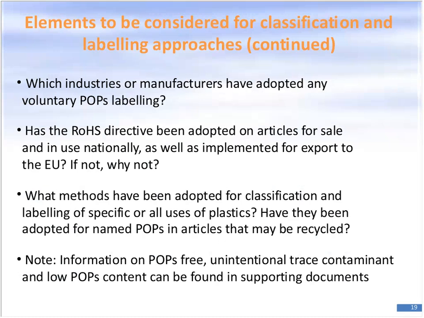Have they been adopted for named POPs and articles that may be recycled? And for information, there are supporting documents. You can find more on POPs-free and unintentional trace contaminants in these documents. Next slide.